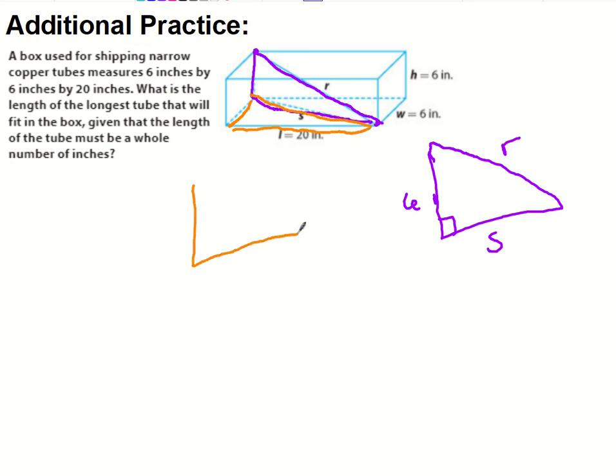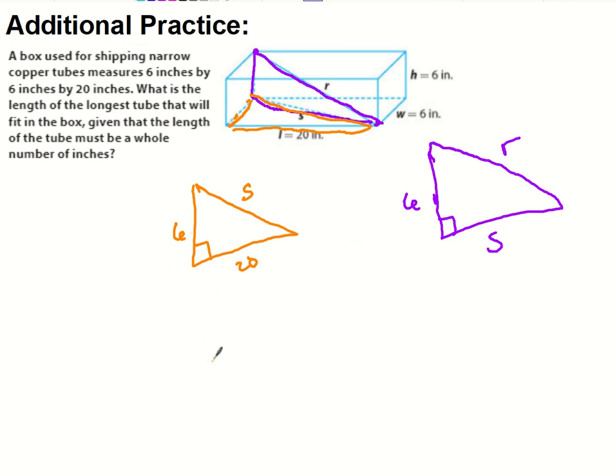So I'm going to draw that one in orange. And the hypotenuse is S. Well, I know this side length because this width is 6, and this is 20. So I can do Pythagorean theorem on this triangle to solve for S. Once I have S, I plug it in here because that's the same side, and then I can use Pythagorean theorem to solve for R. So it's really just two problems hidden into one.